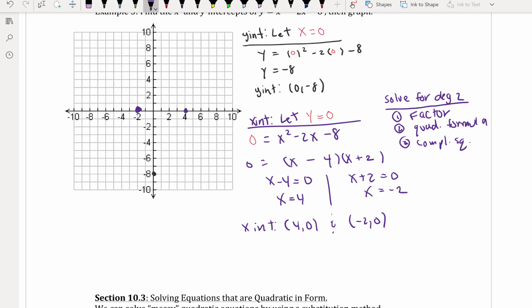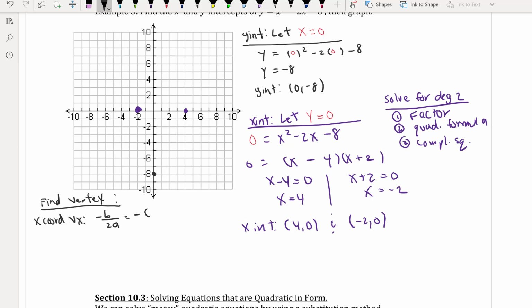So now I have my intercepts, and because it's a parabola, maybe the best thing next is to find the vertex. Hopefully you remember that the x coordinate of the vertex uses the formula negative b over 2a.